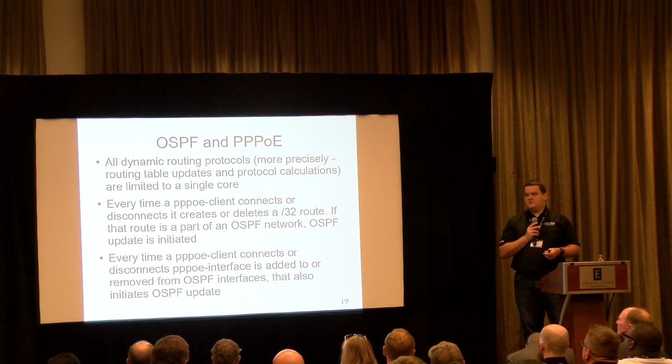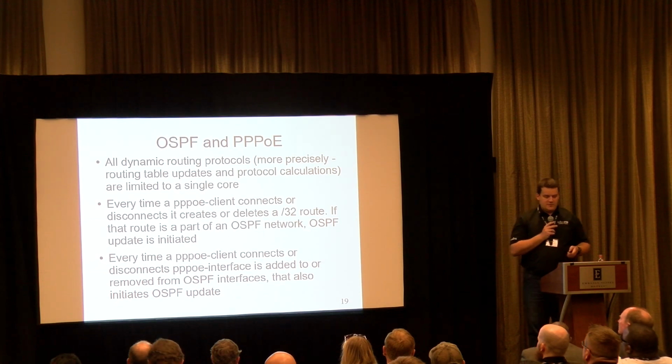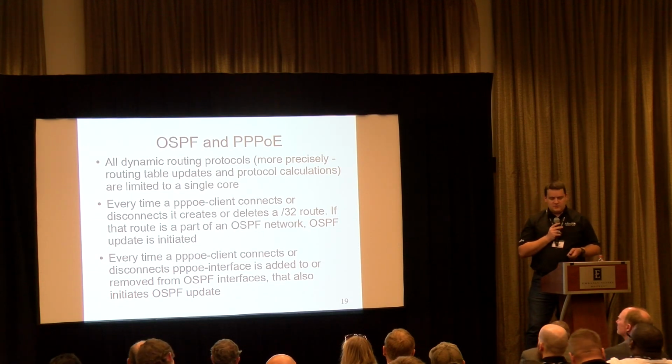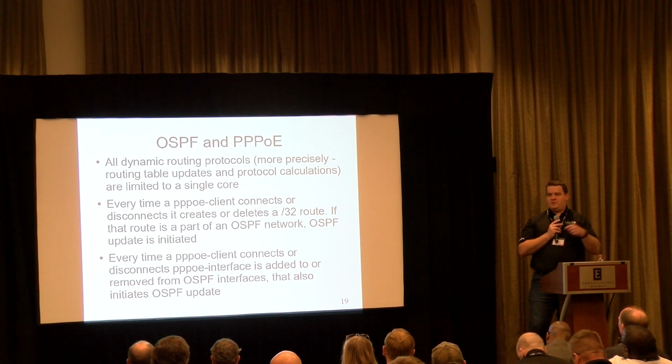Now imagine if you have 9,000 clients, how many connections and disconnections per second you have on that kind of network. So every time it's just renewing OSPF over and over and over again. And the best thing about all this, you are actually running an OSPF instance on every PPPoE client also, because you haven't disabled it. That means that if at least one of your clients knows how to configure OSPF, they can tap into your OSPF.